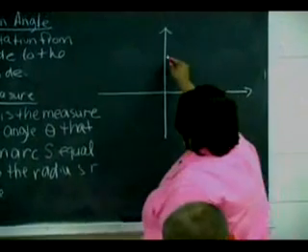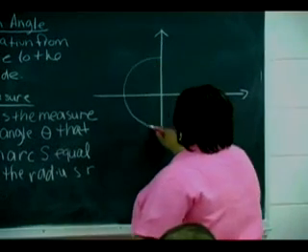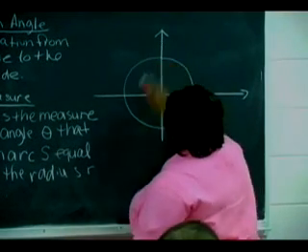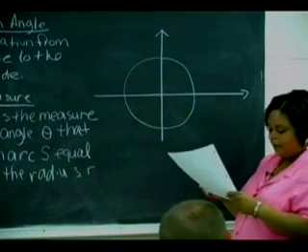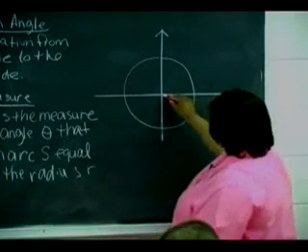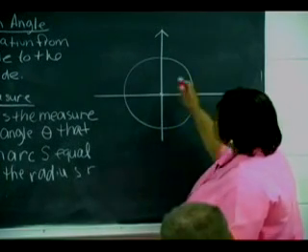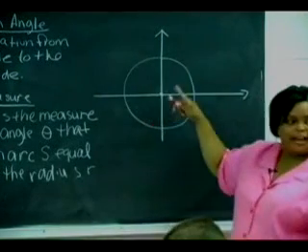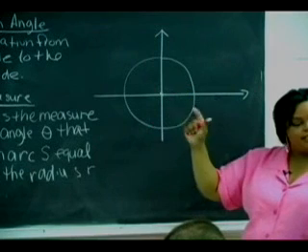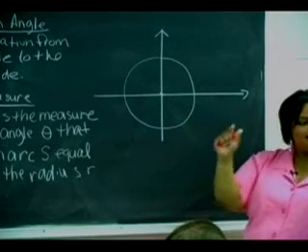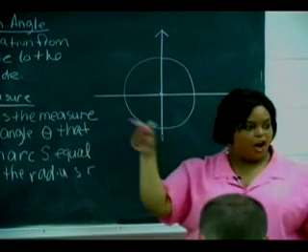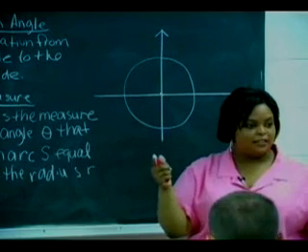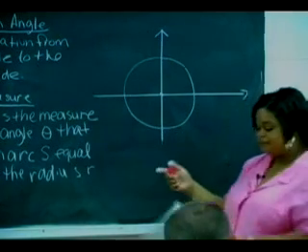Now, we have a circle. We're going to say that this is a perfect circle. If this is a circle centered about the origin, we know that from the center of that circle to any point on the circle represents the radius.